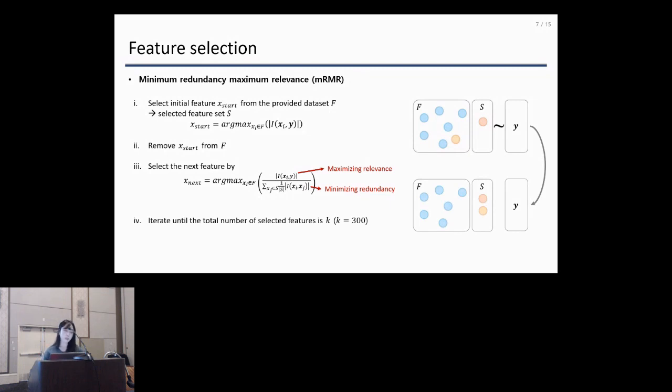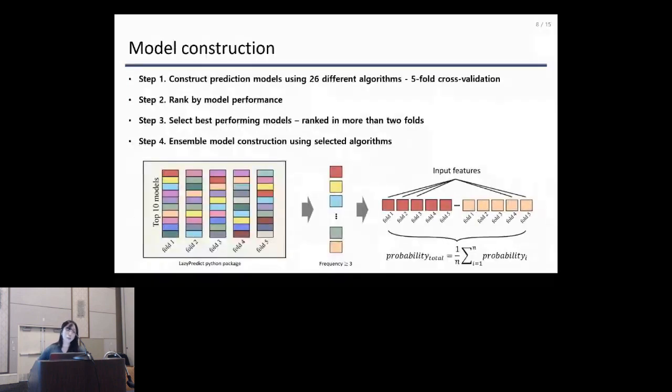We applied this feature selection method to three types of features because the dimensions of these three were too high. And the second approach to overcome the limited data size was that we constructed an ensemble model.